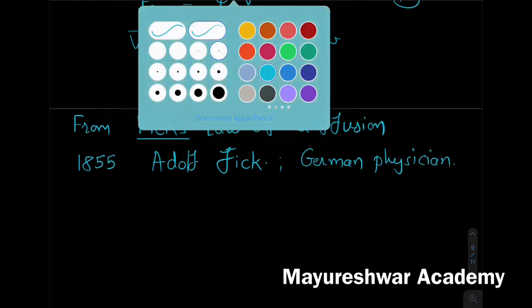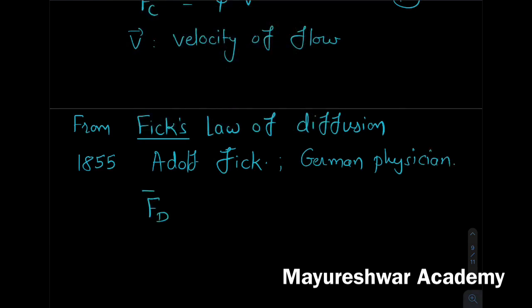So it states that basically the diffusion flux is directly proportional to the coefficient of diffusion, density, and the gradient of this term phi.